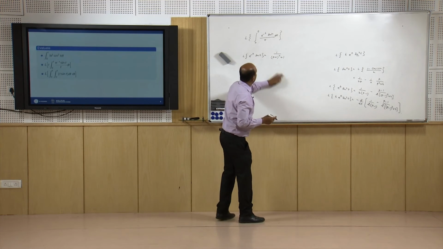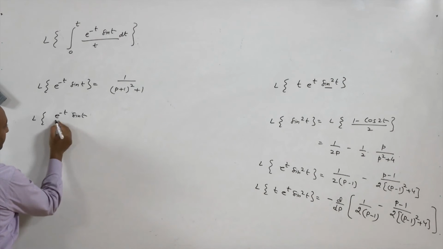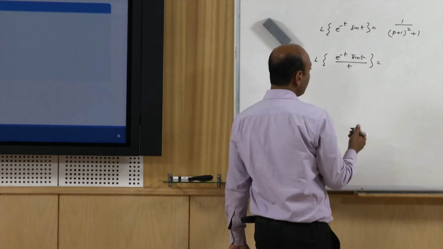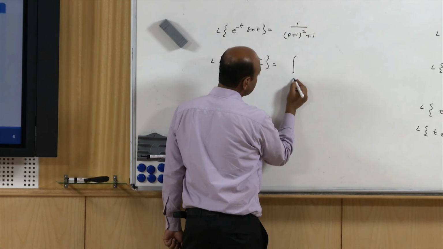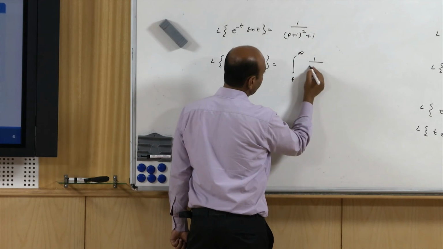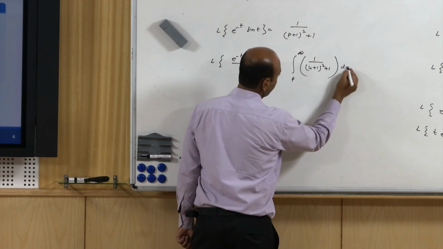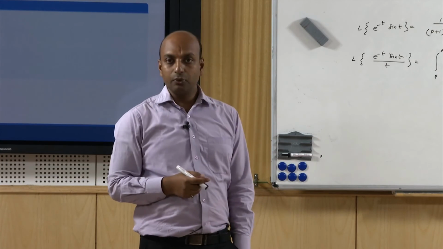And for Laplace of e to the power minus t sin t by t, so it is f t by t, and for Laplace of f t by t what we have? Laplace of f t by t is nothing but integral p to infinity f u du.